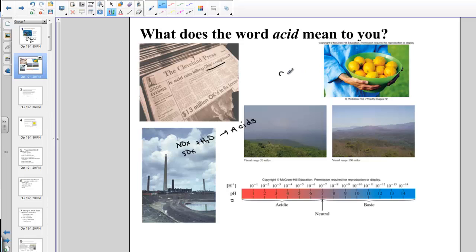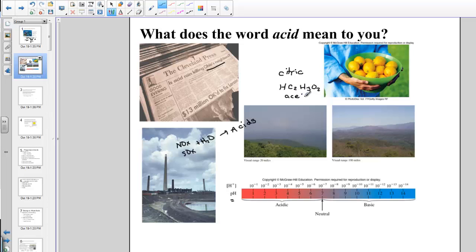Lemons contain an acid known as citric acid. Citric acid is a common household ingredient in many of our citrus fruits. Vinegar is an acid. It's called acetic acid. It has a formula from that polyatomic ion we call acetate. The common name of HC2H3O2 is vinegar, acetic acid.